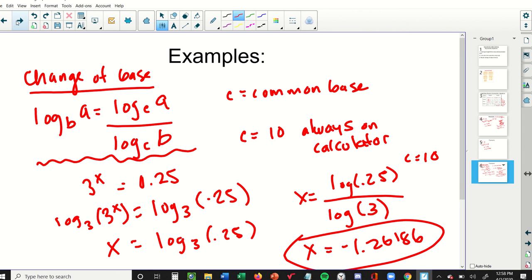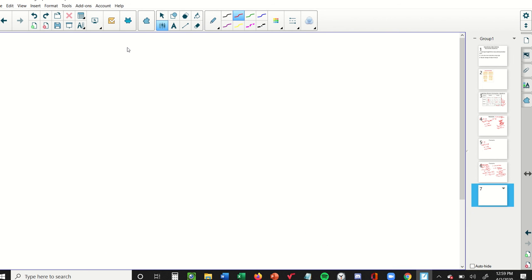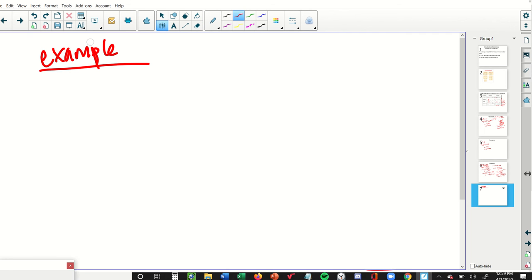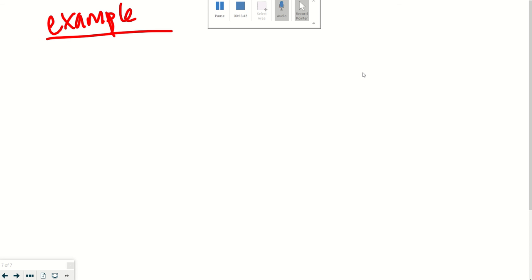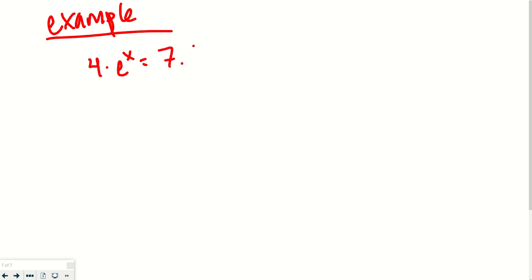Okay. So now let's do just one example from the checkup. Let's do one that looks kind of difficult. How about 4 times e to the x equals 7.5.